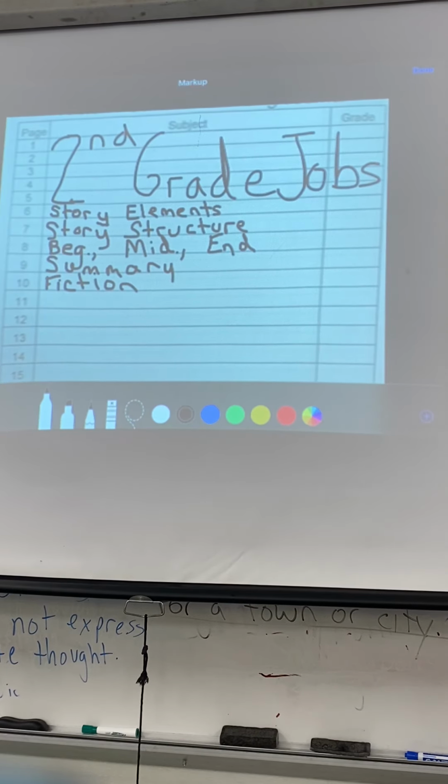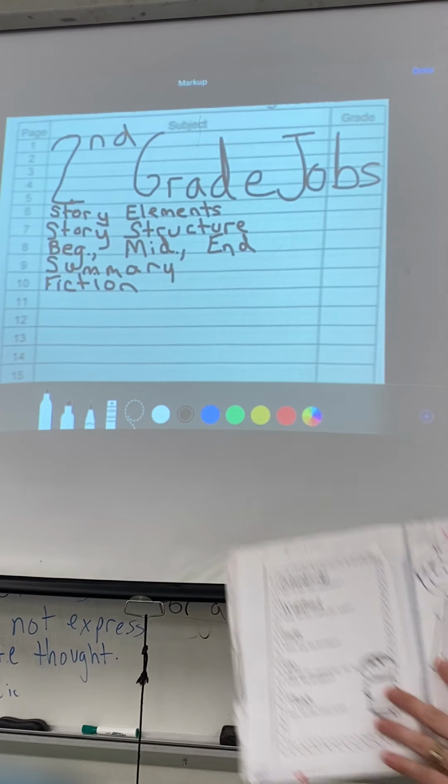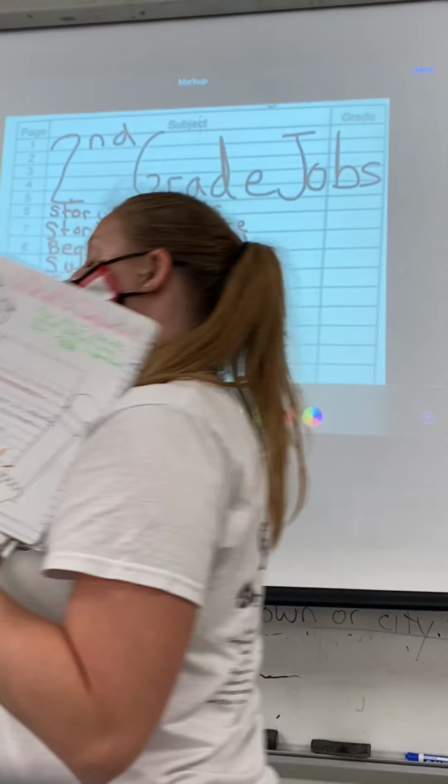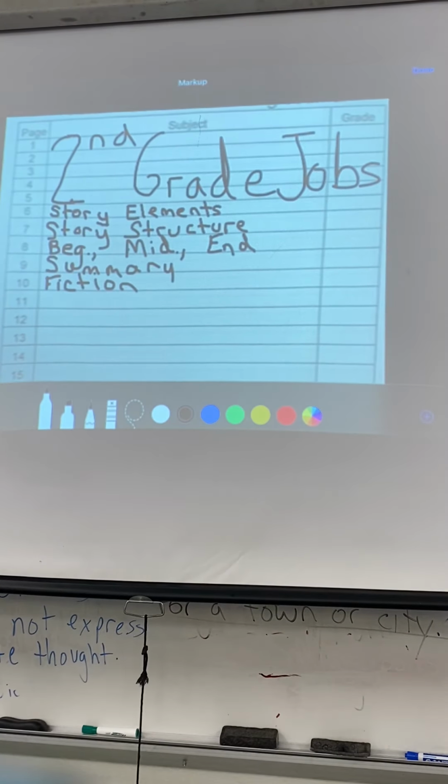That's telling us how to give a quick summary on fiction or a main idea. People that are following along with us, you should have written in fiction.